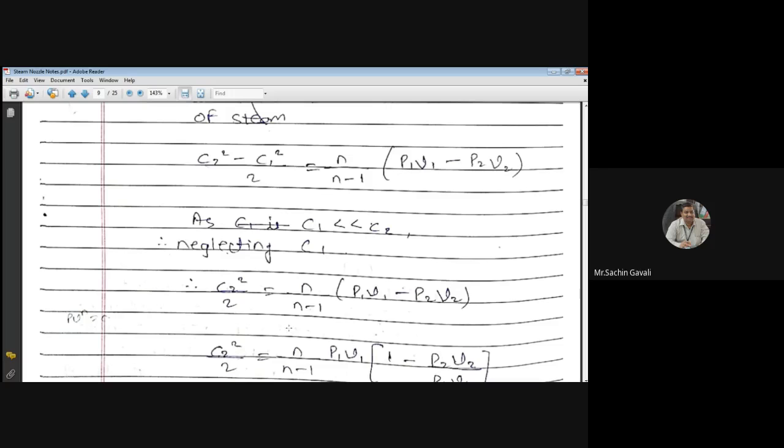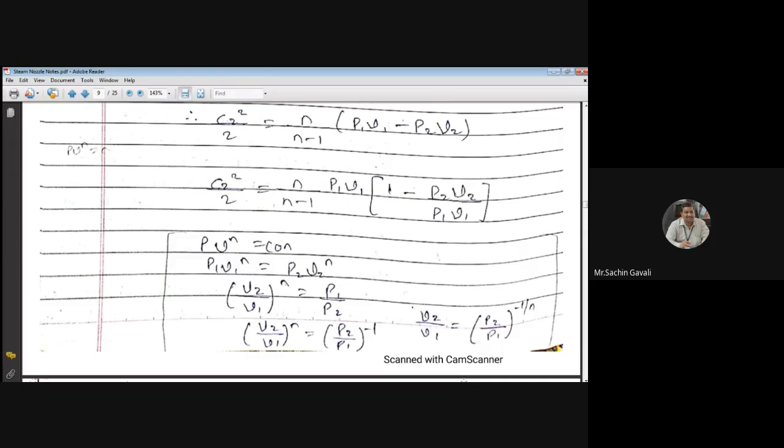Henceforth we have to make the mathematical adjustment. C2 square divided by 2 is equal to n upon n minus 1, taking P1 V1 common, P1 V1 into bracket 1 minus P2 V2 divided by P1 V1.